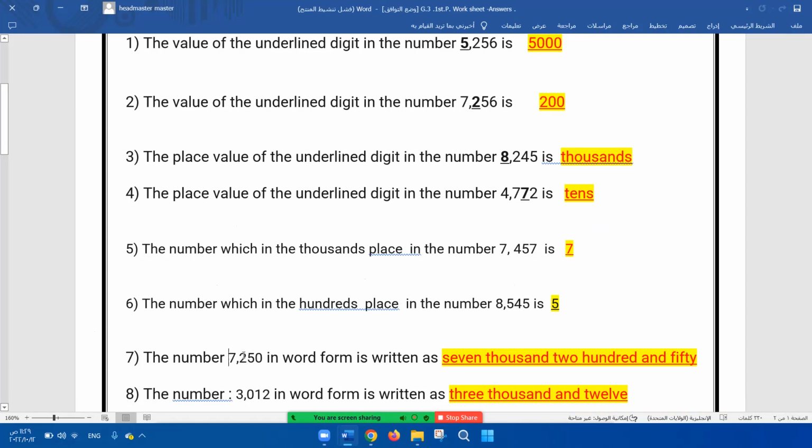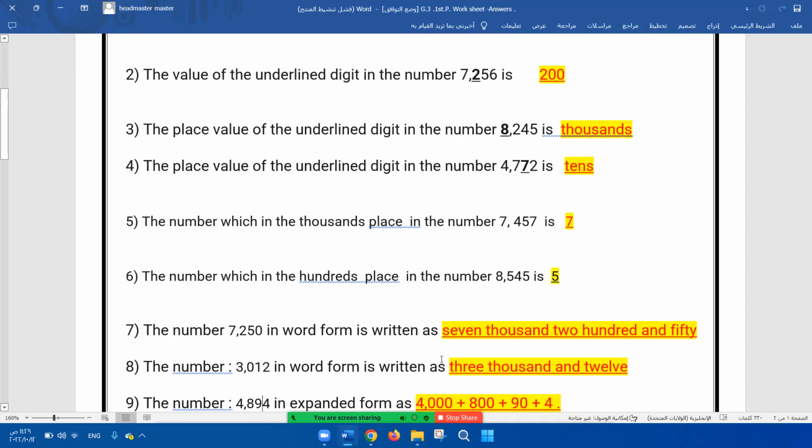We write the number in symbols, in numbers, we call it standard form, and in words, we call it word form. You know that we have another form, we can see it in the next questions, which we call expanded form. So there are three forms to write the number: standard form, word form, and the third one, expanded form.